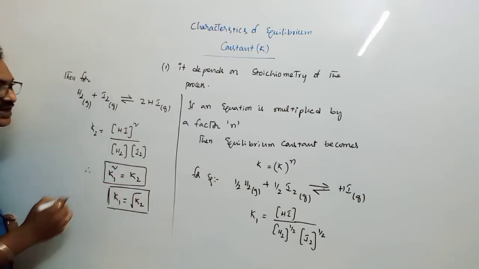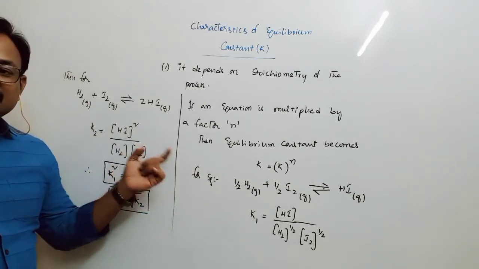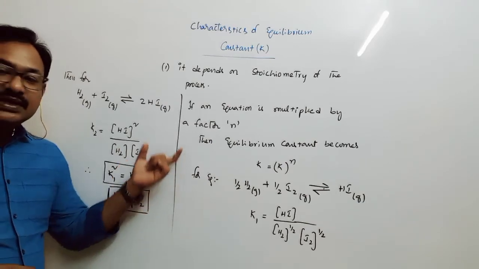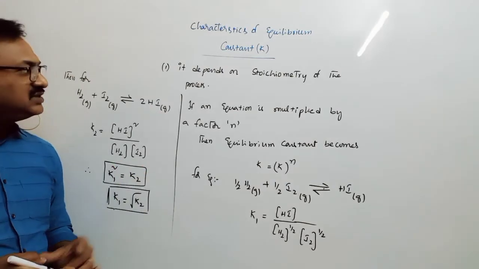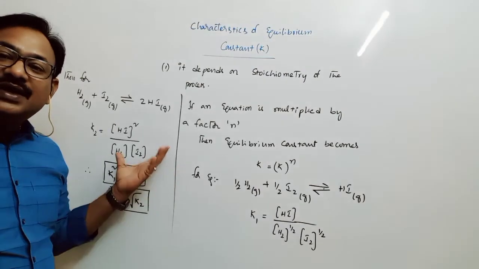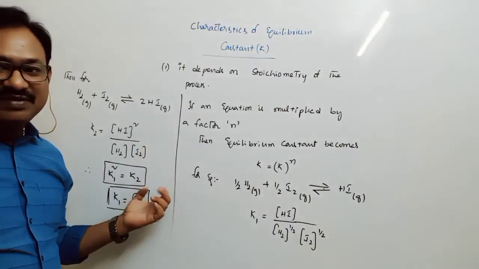So like that you can understand the dependence of the equilibrium constant on the stoichiometry of the process. Okay, so this is the first factor, that is the stoichiometry of the process. So the equilibrium constant depends on stoichiometric coefficients.